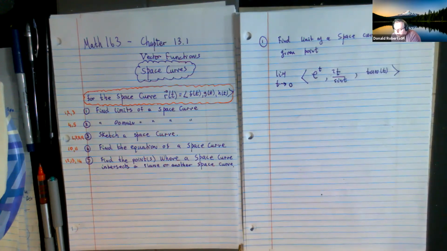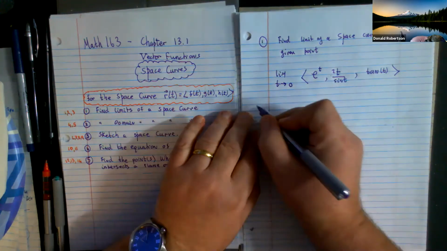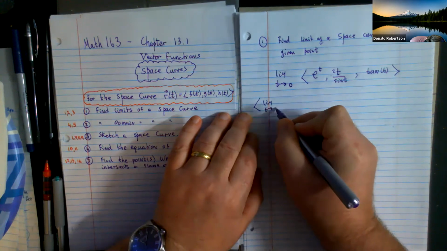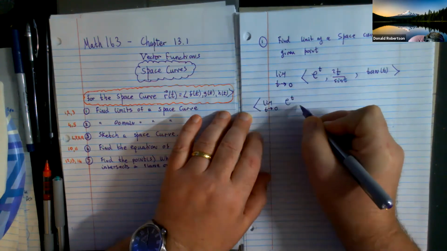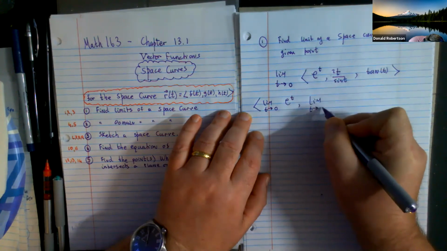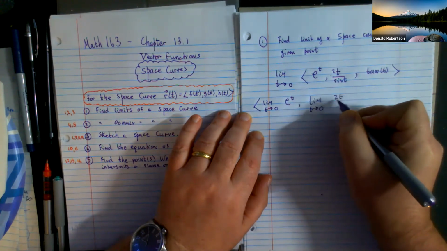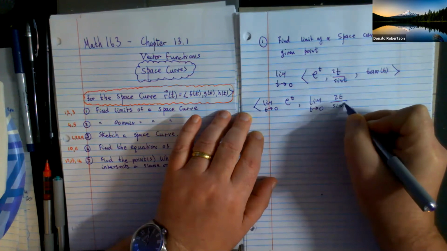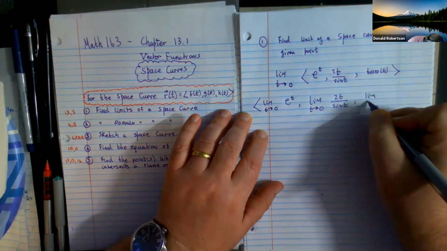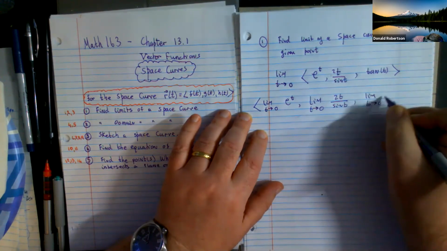In other words, you do 3 baby limits, and that's exactly what you do. So we're going to find the limit as t tends to 0 of that guy, then the limit as t tends to 0 of this guy, and then the limit as t tends to 0 of that guy.